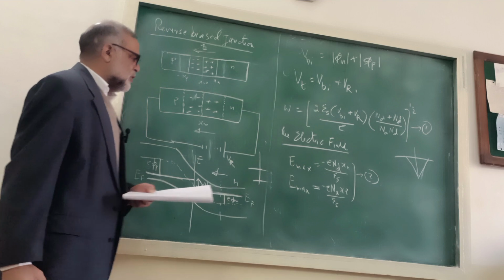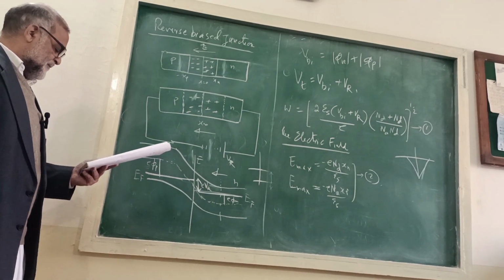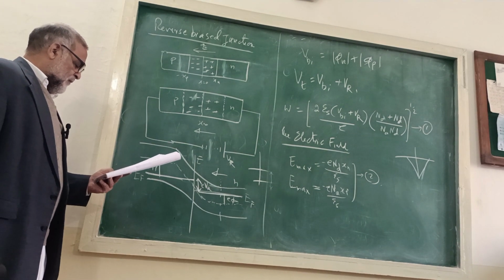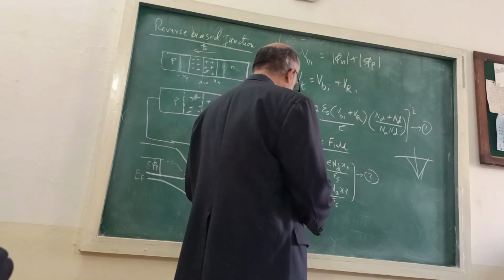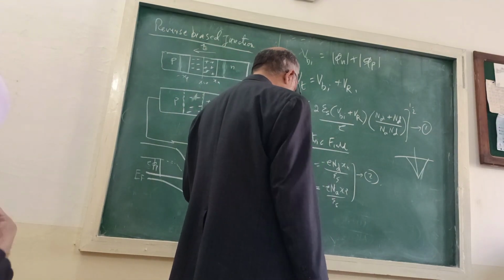Now we can put the value of xn and xp and use V is equal to VBI plus VR.